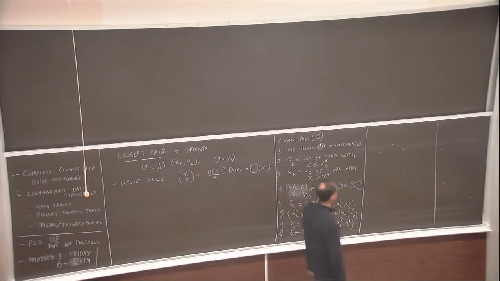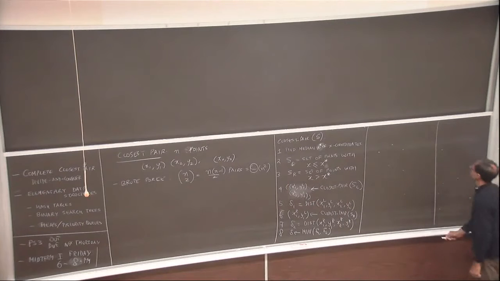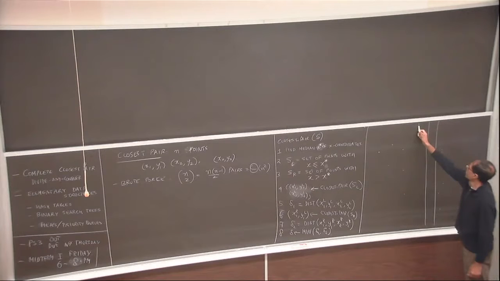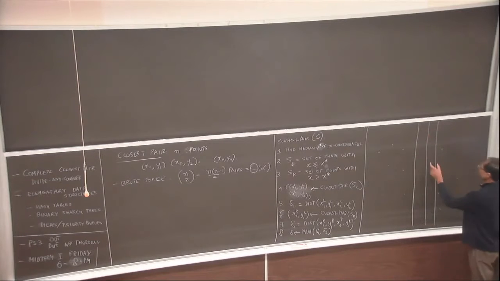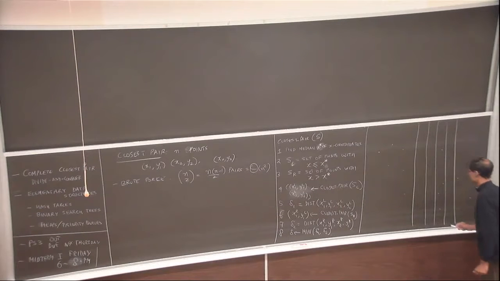Then we said we are going to take a region to the left of the line, delta over 2, and a region to the right of the line, delta over 2. So this is delta over 2, delta over 2, delta over 2.